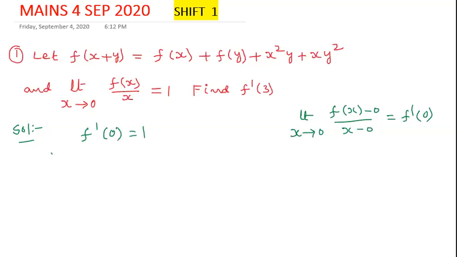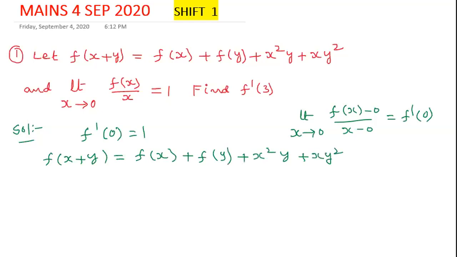Next, what is the given condition? f(x+y) = f(x) + f(y) + x²y + xy². So here, do partial differentiation with respect to x.